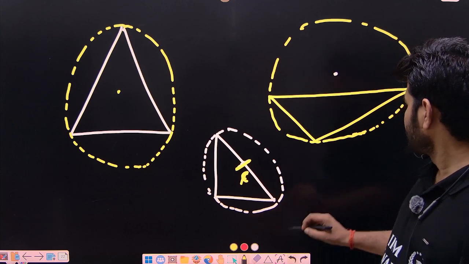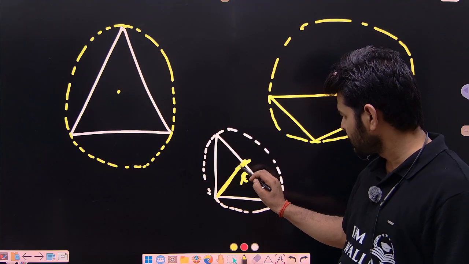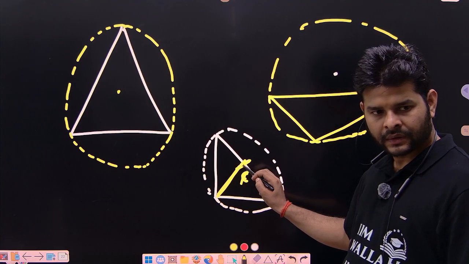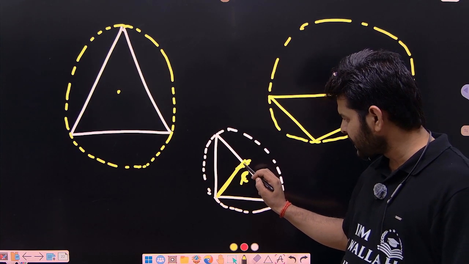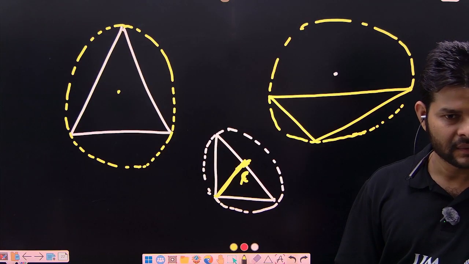Or basically, this is the center, the line which is drawn from center to circumference is called radius.